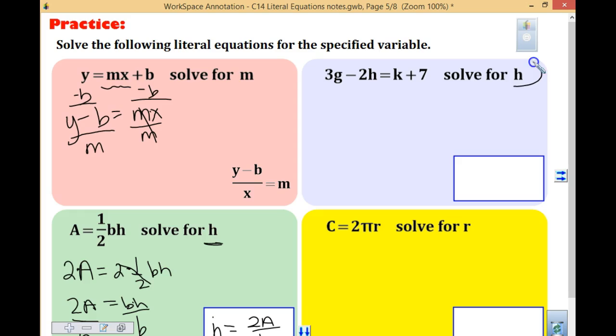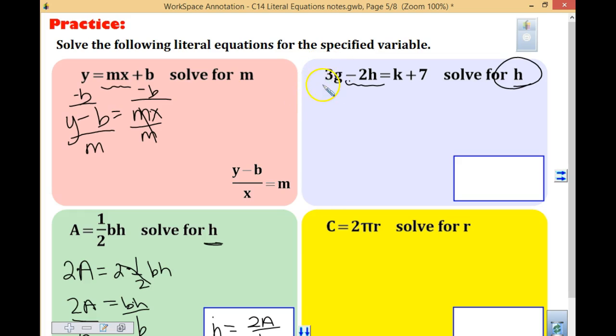If we want to solve for h, I want you to think about what do we have to do first in this question. So if we are looking at this one, Rajad, I want to get this minus 2h by itself. What would I do? I could, but I want to think of more getting rid of this 3g.